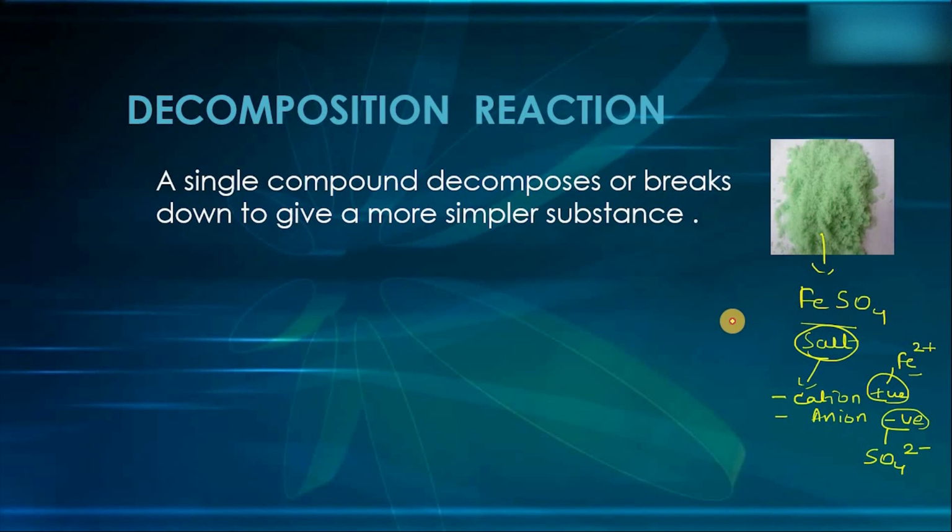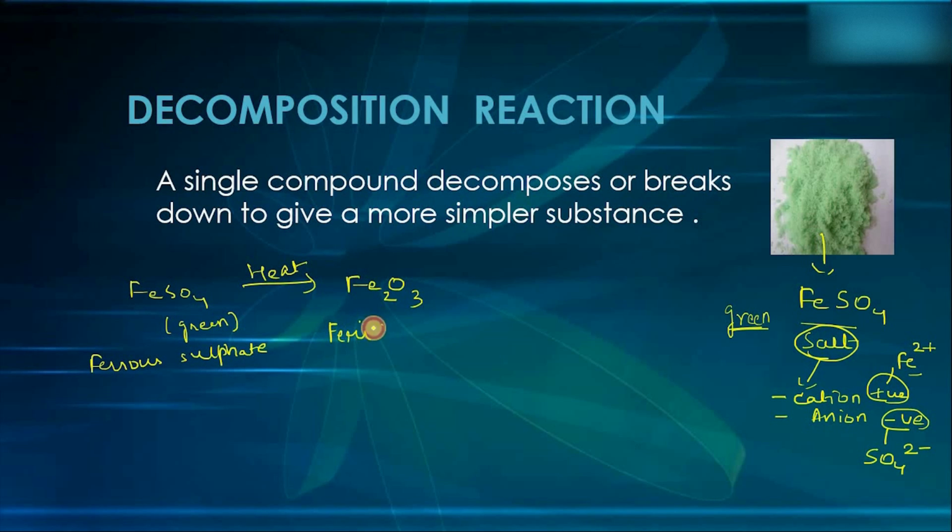Now, this is a green colored powder. These experiments are done in lab, where I take FeSO4, which is green in color. Now, when this reactant is given heat, it undergoes a kind of decomposition in which from ferrous sulfate, it is decomposed to ferric oxide, Fe2O3, and we get some very sharp smell of SO3 plus SO2.